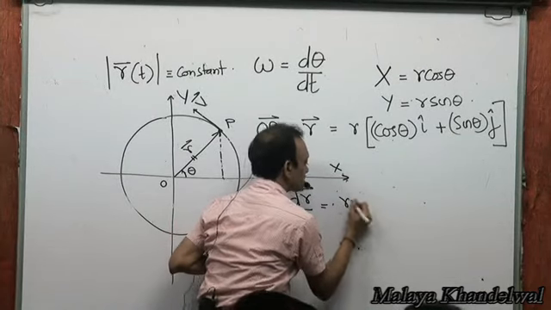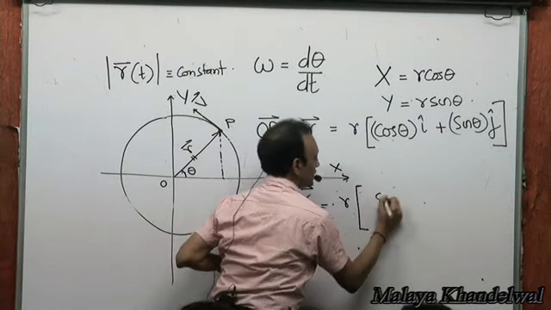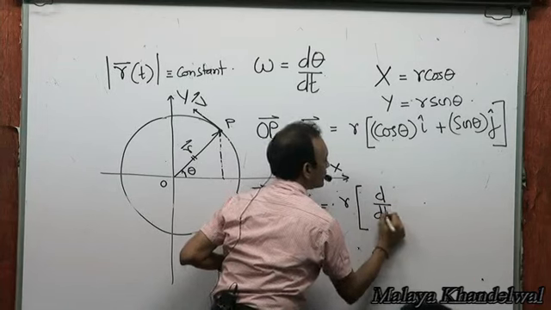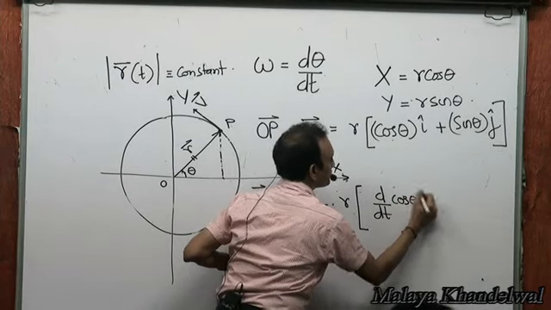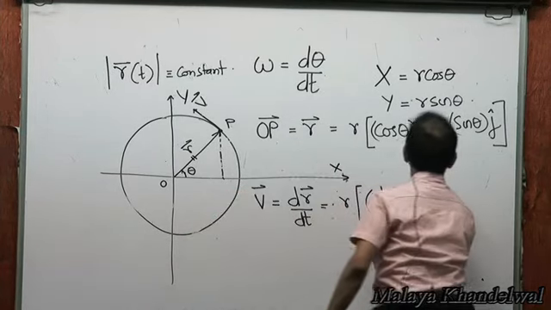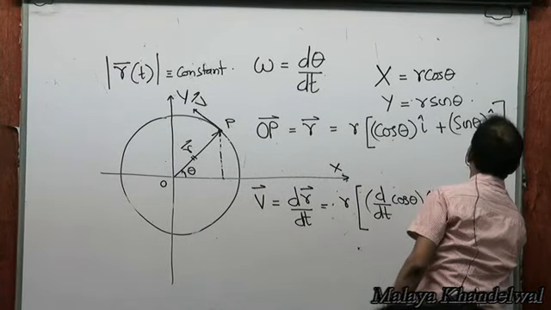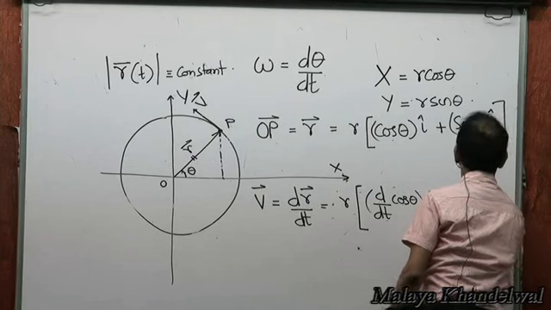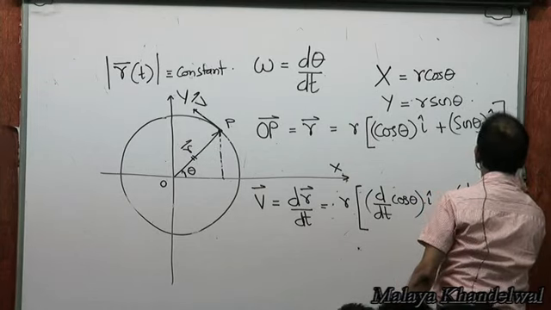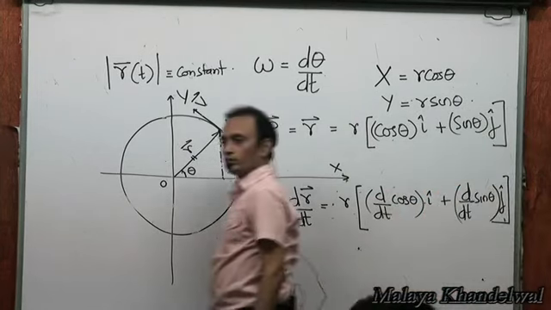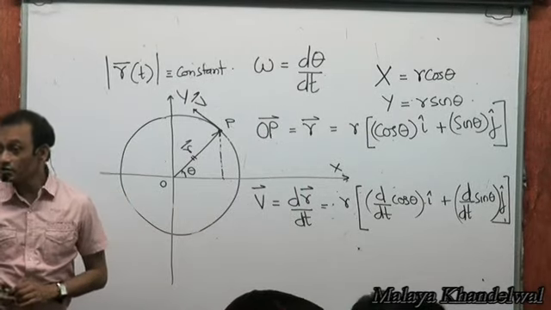So this R comes out. It gives me d dt of cos theta i cap plus d dt of sin theta j cap. Yes or no? That's a linear velocity? Yes.